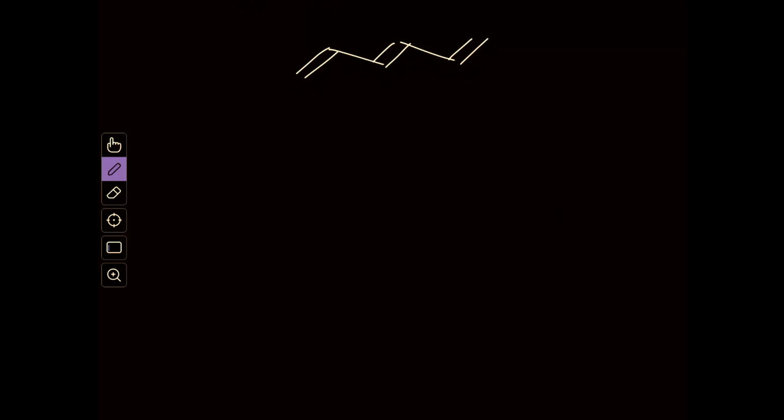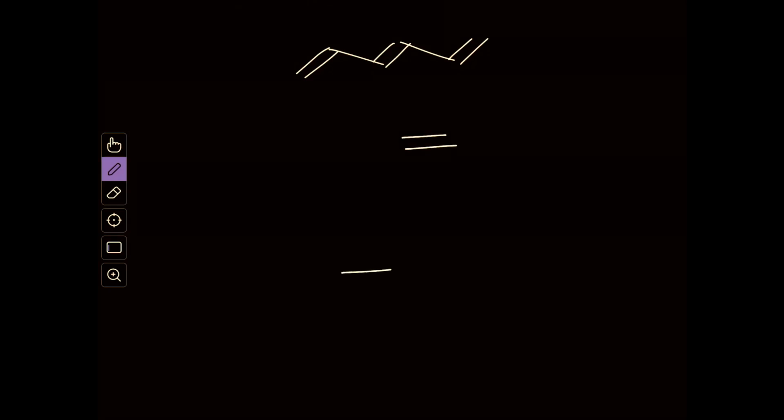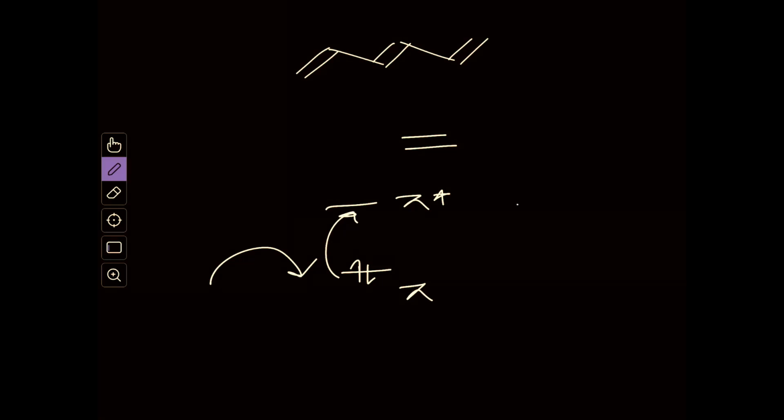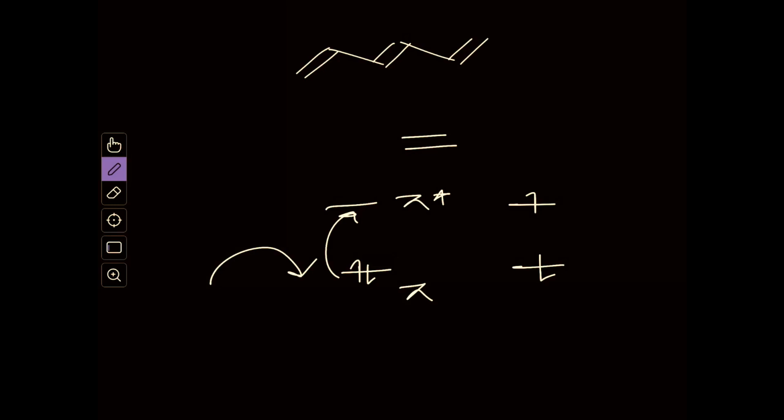Let's say you consider a simple pi bond, you have one pi orbital and another pi star orbital. I am neglecting the sigma orbital and just talking about pi and pi star. So you have pi filled and pi star unfilled. When you provide energy to the molecule, the electron in the pi orbital absorbs this energy and is excited to the pi star orbital, and this is how the transition occurs. This is called electronic transition.